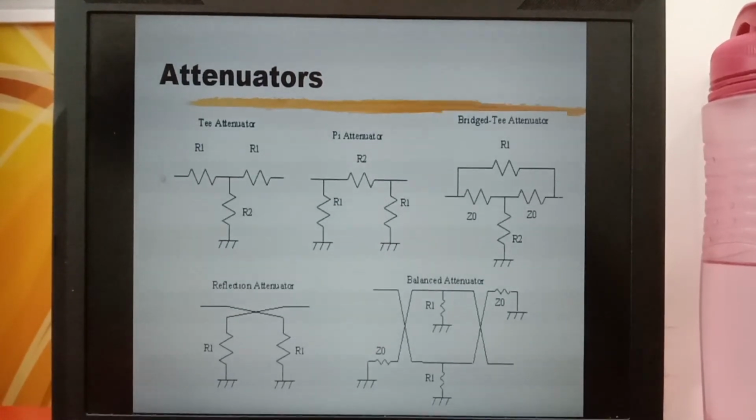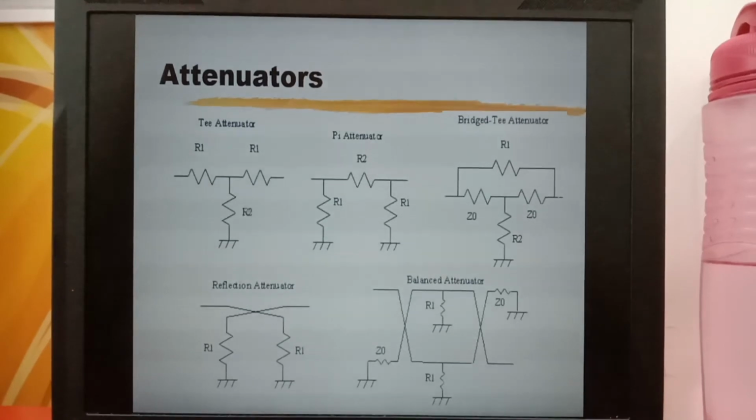We can add an additional resistor to the T attenuator to make a bridge T attenuator like this. So the value of R1 and R2 will determine the amount of attenuation.